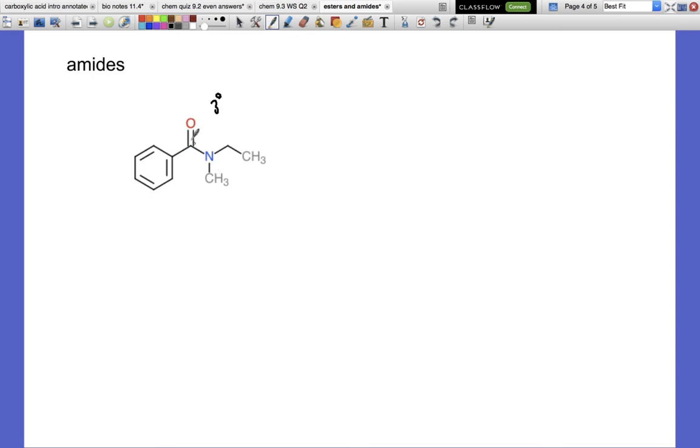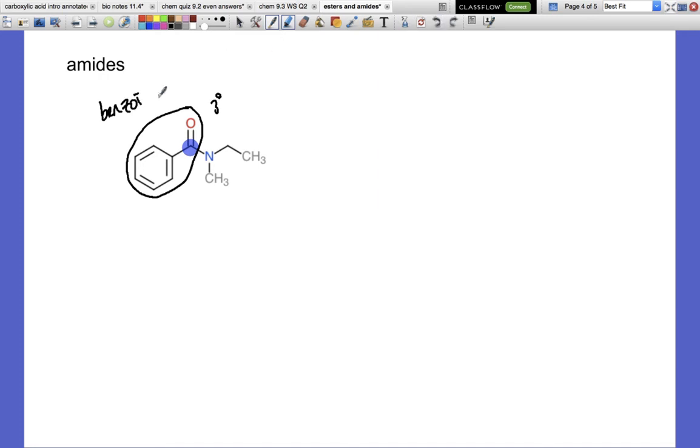Again, I got to name this, so I'd have to figure out, okay, what's what? This carbonyl carbon and everything else was part of my original carboxylic acid, so I have to name that appropriately. That would have been called a benzoic acid.